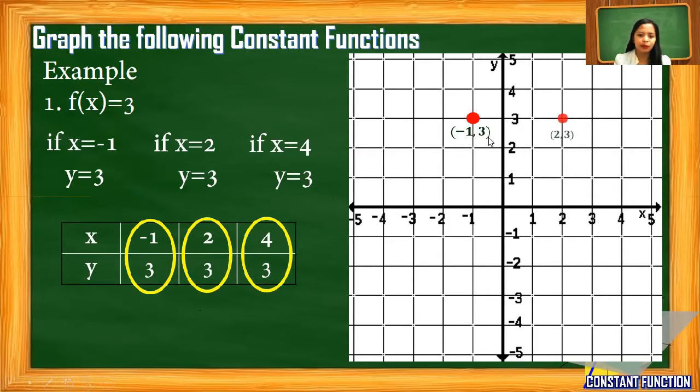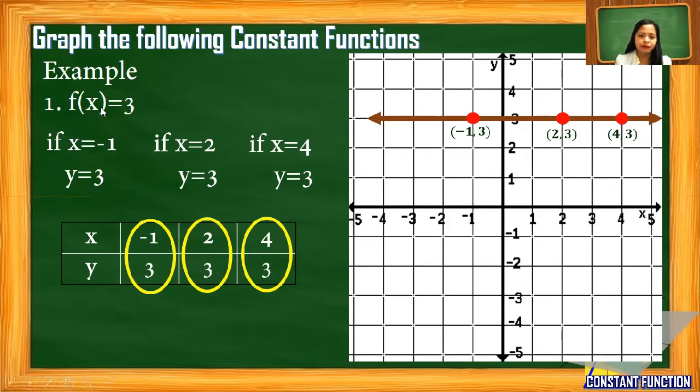For the second point, x is 2 and y is positive 3. The next ordered pair is 4 and 3, where x is 4 and y is 3. Again, y is the value of our constant. So if we connect these points, we have this graph.